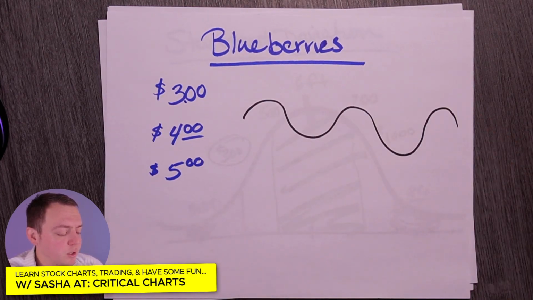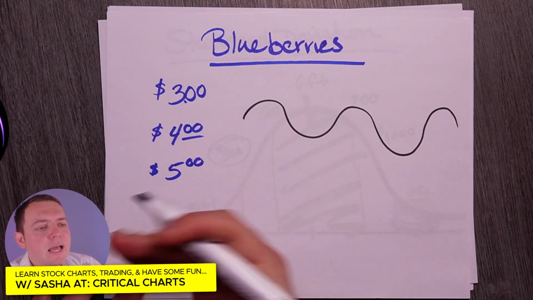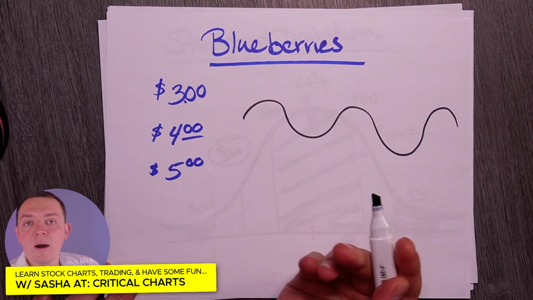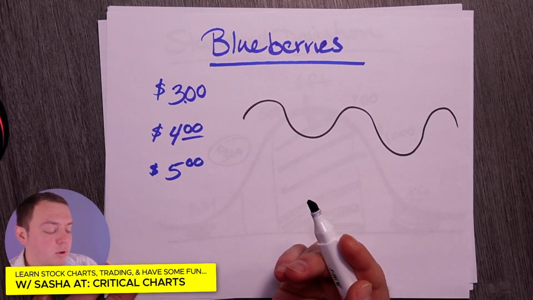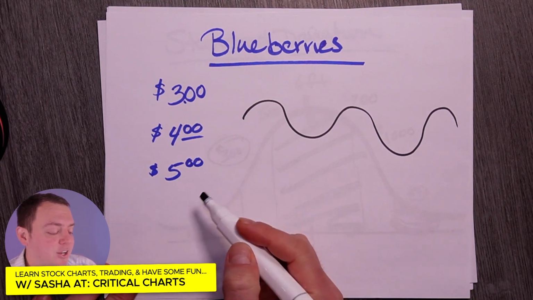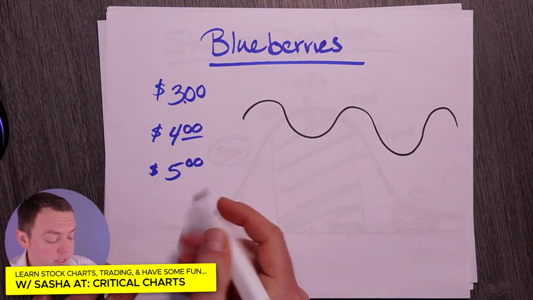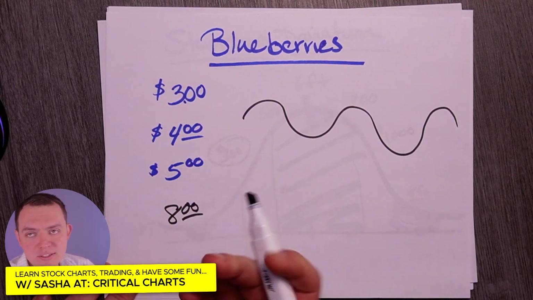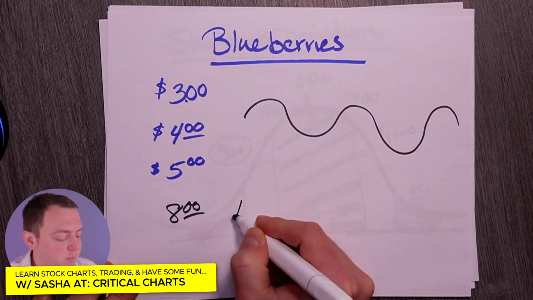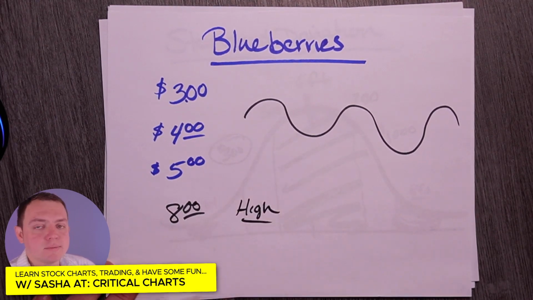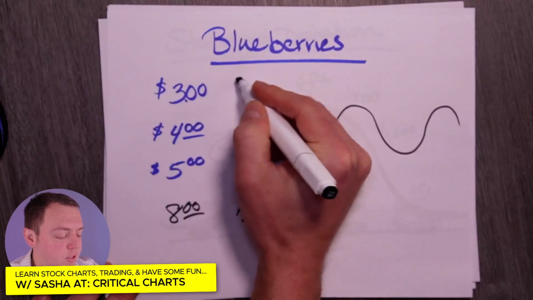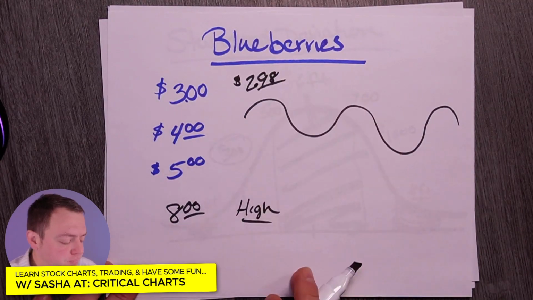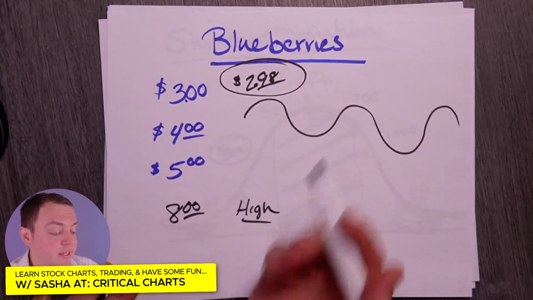As you know and understand that product, you get an idea of whether you're buying at the lower point or the higher end. So for example, right now, if I'm paying about $8 for a basket or case of blueberries, that's probably a little bit high and expensive. Why? Because I just bought blueberries the other day for $2.98, and I know, hey, that's at the lower end.